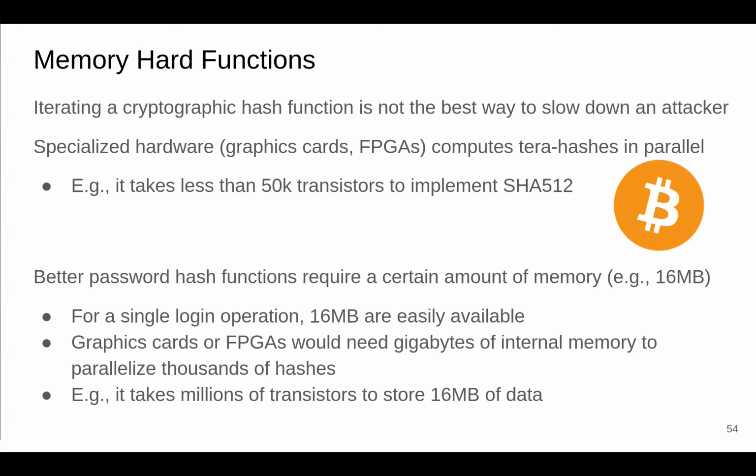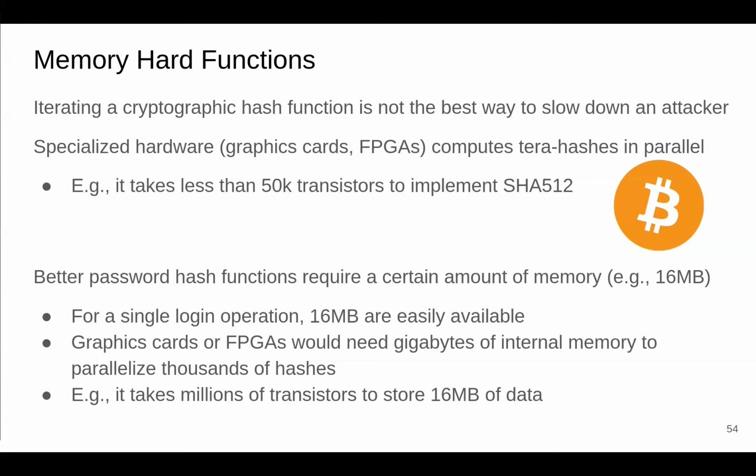Now, better password hash functions, instead of making it more intensive to compute, make it more expensive to run by using more memory. So for example, 16 megabytes of memory. For a single login operation, having 16 megabytes of memory is feasible, even on a small IoT system.